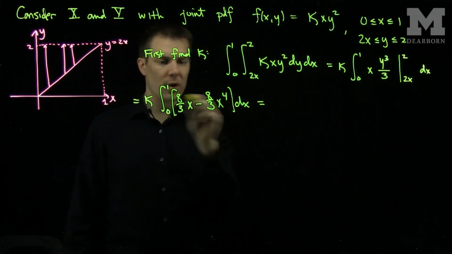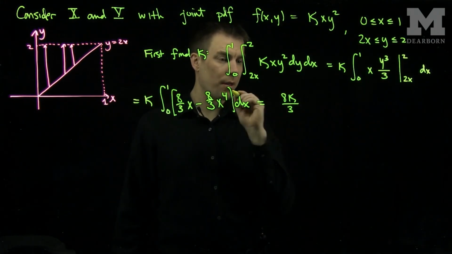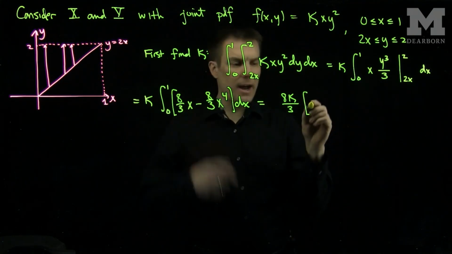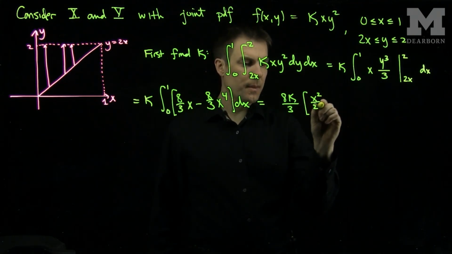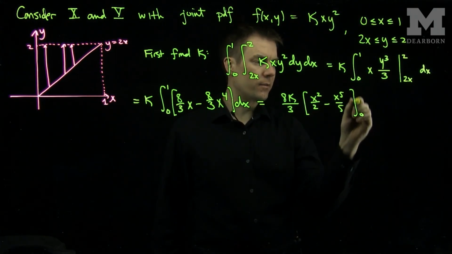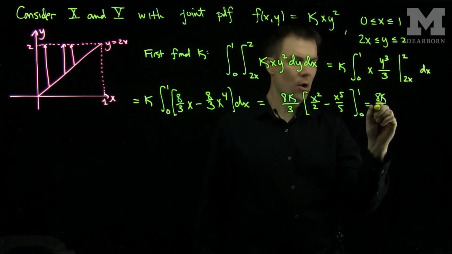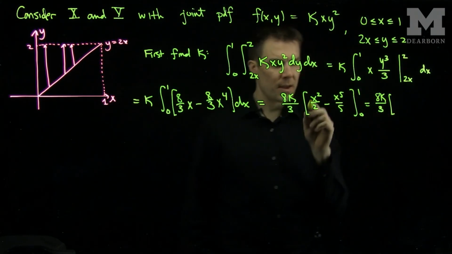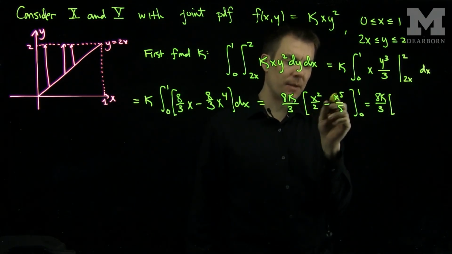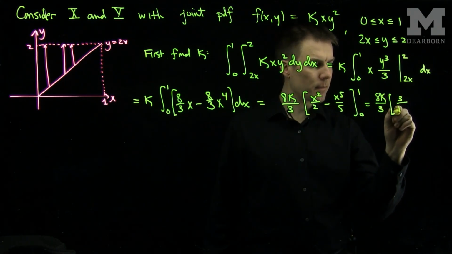dx. We can pull this 8/3 out, so I will have 8k over 3. And then the antiderivative will be x squared over 2 minus x to the 5th over 5, evaluated from 0 to 1. So this will be 8k over 3 times 1/2 minus a 5th. 1/2 minus a 5th is 5 minus 2 over 10, so it'll be 3 over 10.